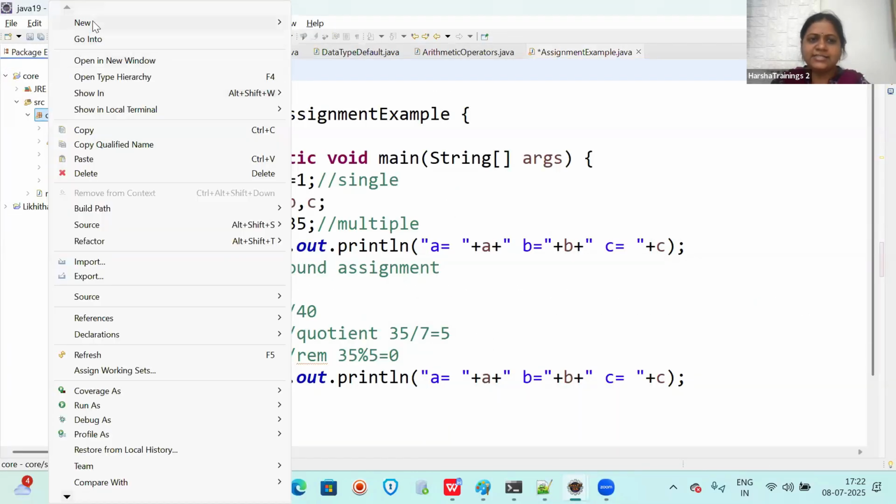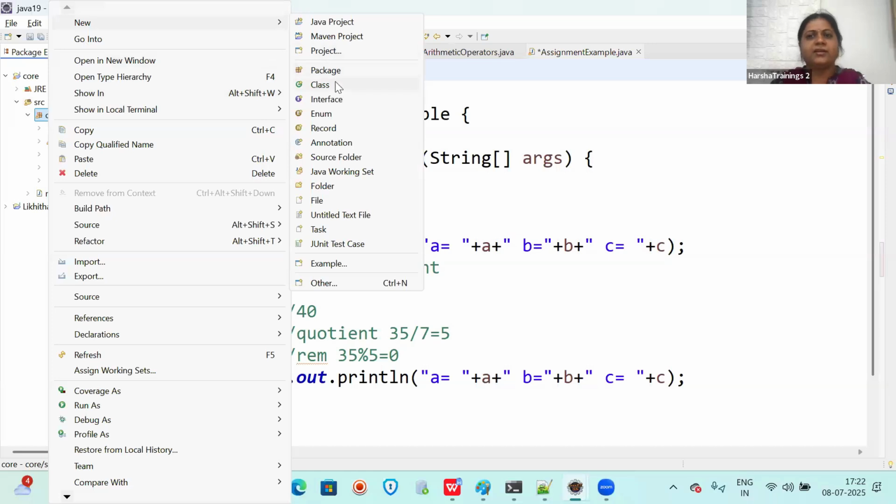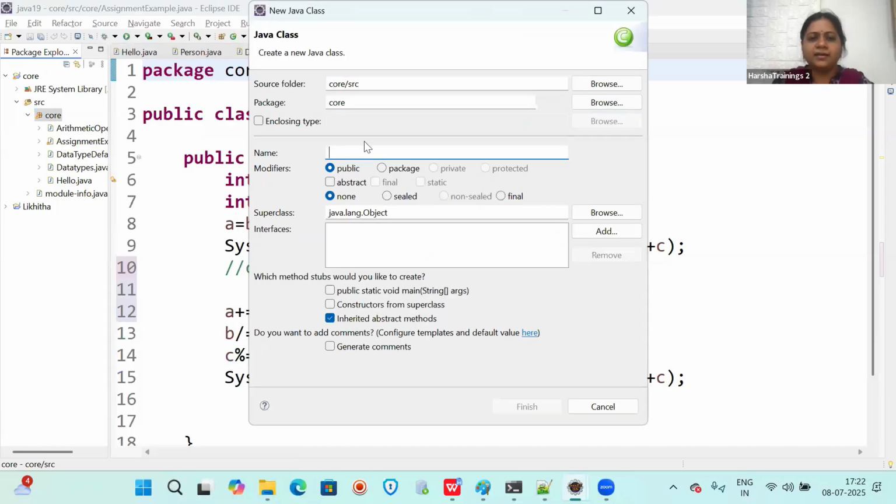Right click on this and say new and then what? Class. And here I'm going to write like example on increment operator. So increment example and then main method and then click on Finish.